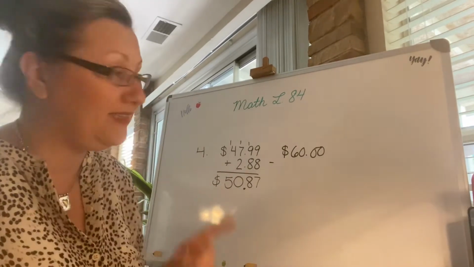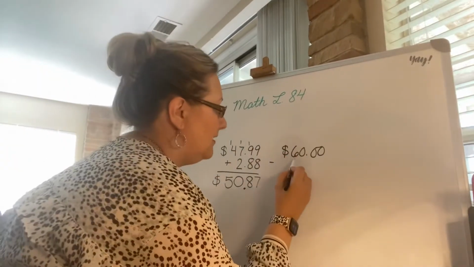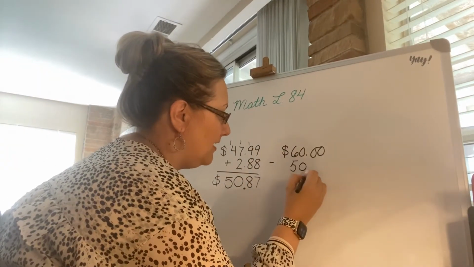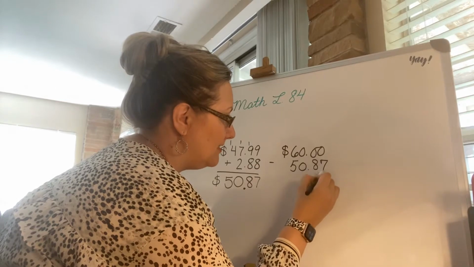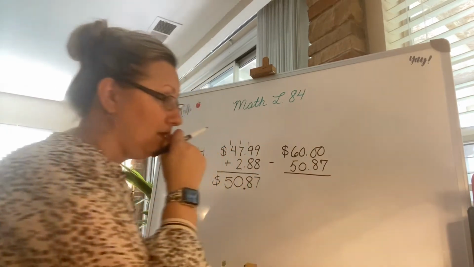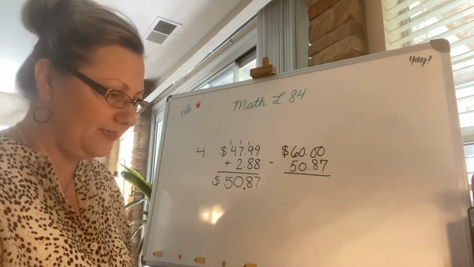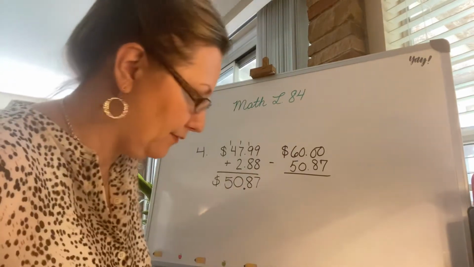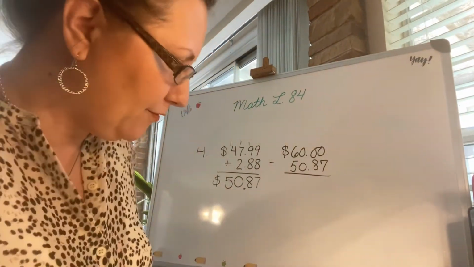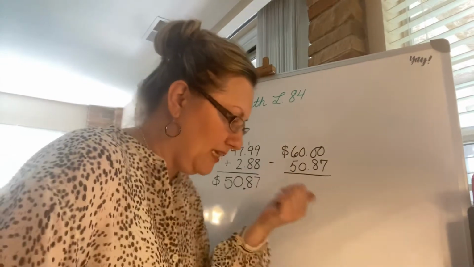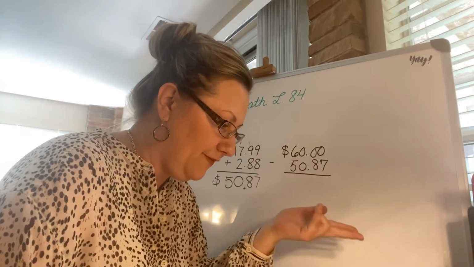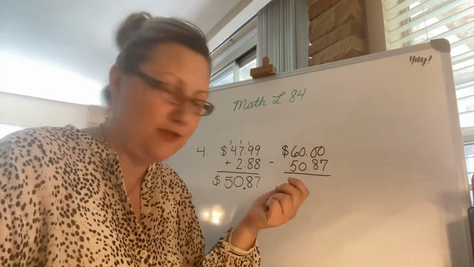That is really close to $60. So now I'm going to put that amount here, $50.87, which brings us to a different lesson that we've had before. If you take a look at number 4, you'll find out that lessons 28, 51, and 52 all had to do with this problem.